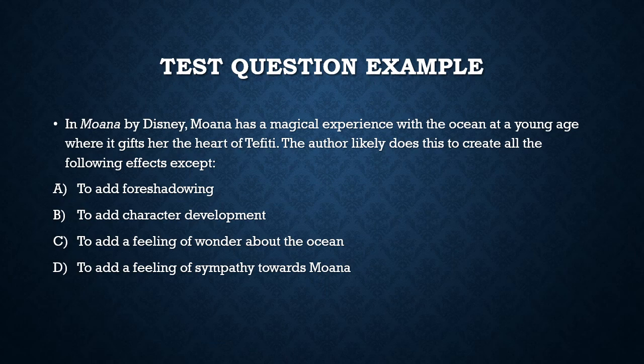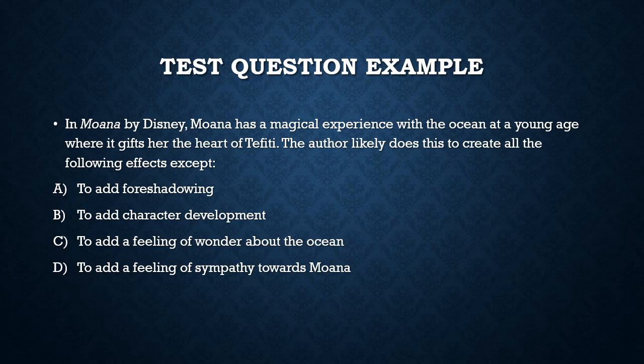Then we say what things stand out to us, which is the second one. What stands out to me is that she is getting the heart of Te Fiti, obviously. That's a big detail, and that it's the ocean that's with her, so it's a crazy experience, and that she's young.